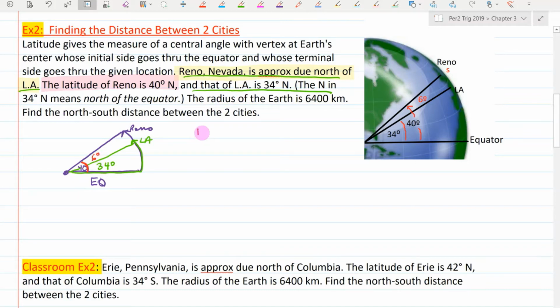The radius of the Earth is 6,400 kilometers, and that will always be the case because that's never going to change. We're still talking about the Earth, so all the Earth equations will use that value. They want us to find the north-south distance between the two cities. So we will be using this, let me use a different highlighter.